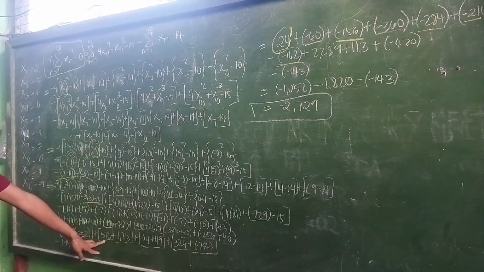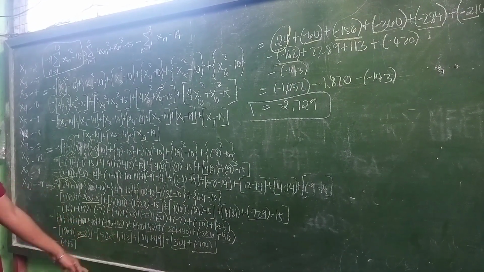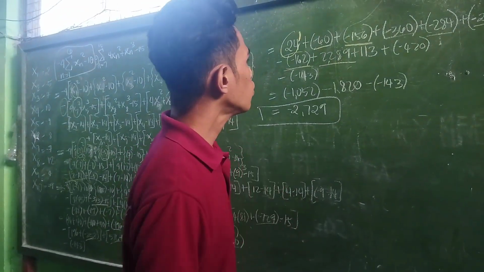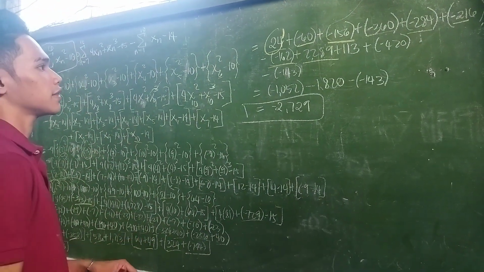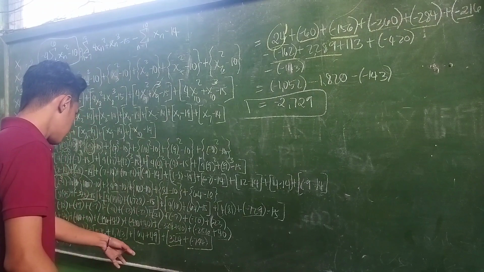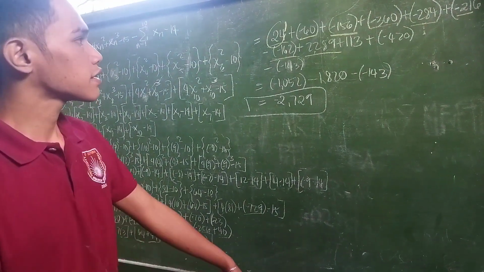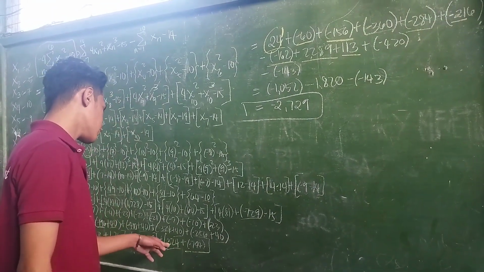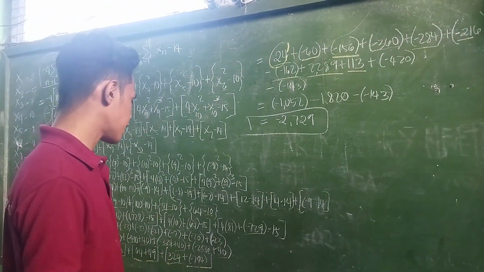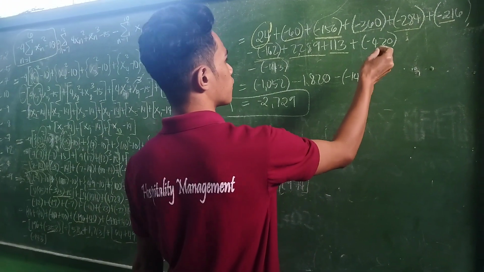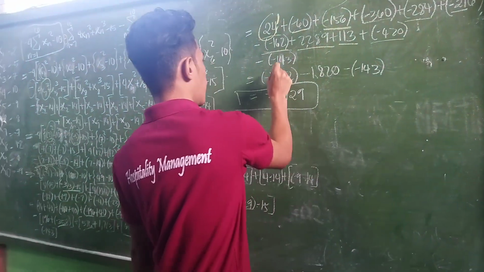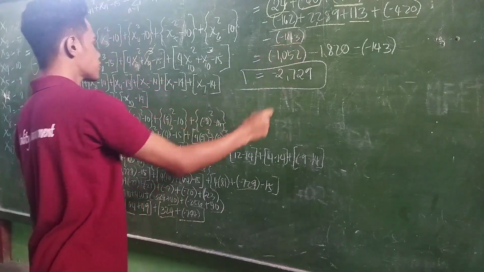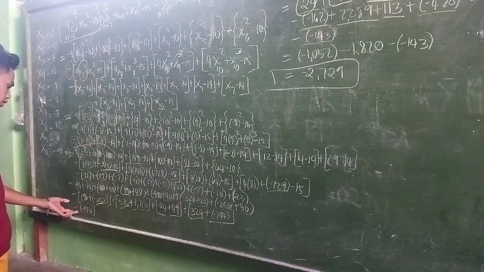And then 576 plus 1713 is equal to 2289. And then 64 plus 49 is equal to 113. And lastly, 324 plus negative 744 is equal to negative 420. And where we got this one, negative 143, we just copy it here.